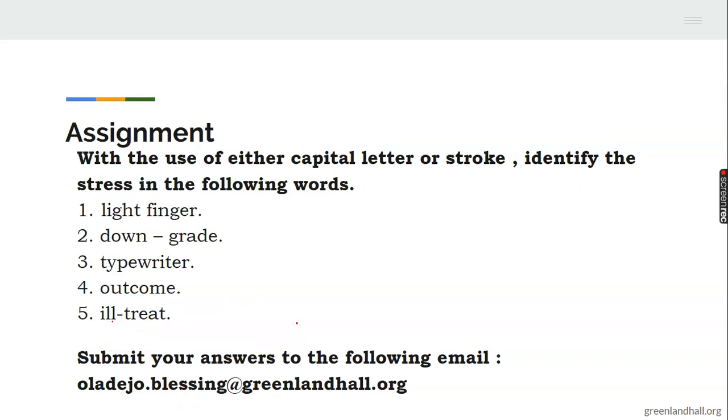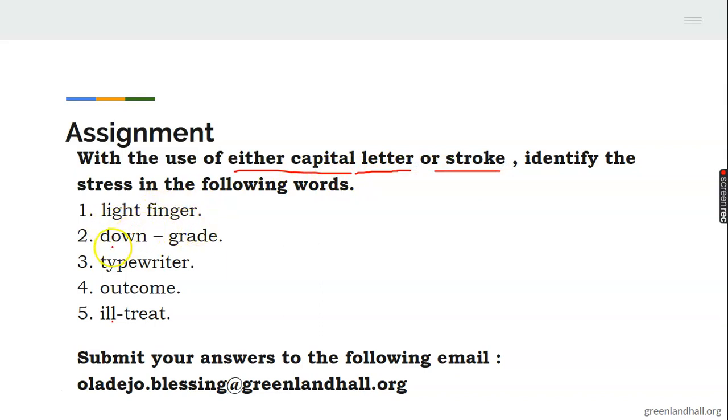Let's look at the assignment. You have learned a lot. You have learned stress, and you have learned compound words. You have learned how to place the stress on them. So you need to brush up your memory, do this assignment, and with the use of either capital letter or stroke, you identify the stress in each of the following words.